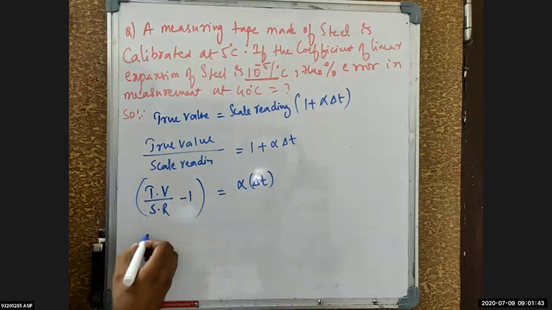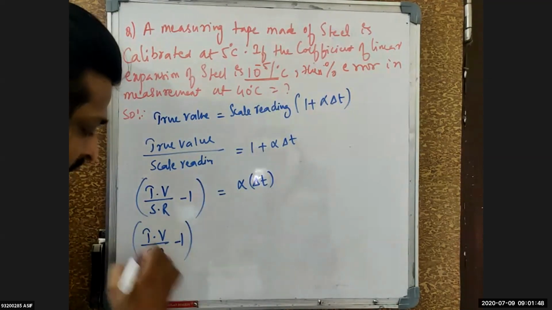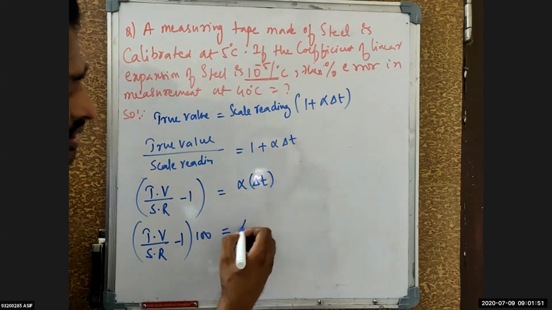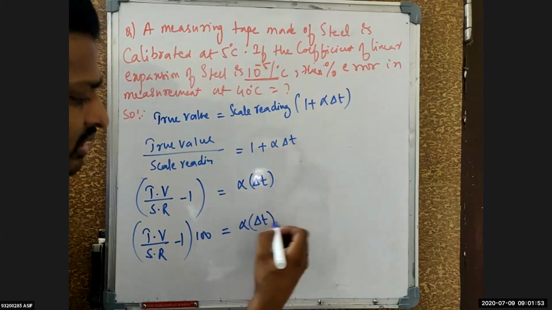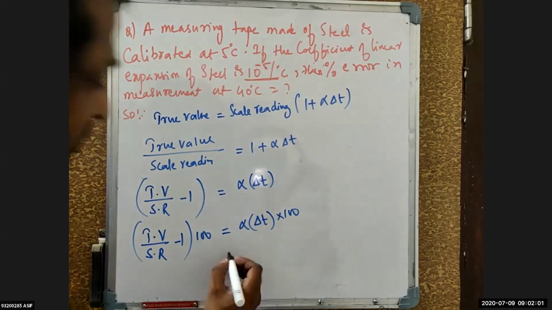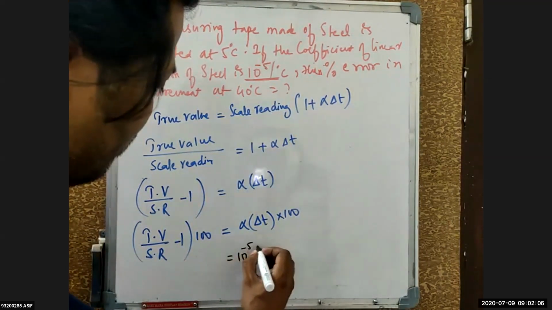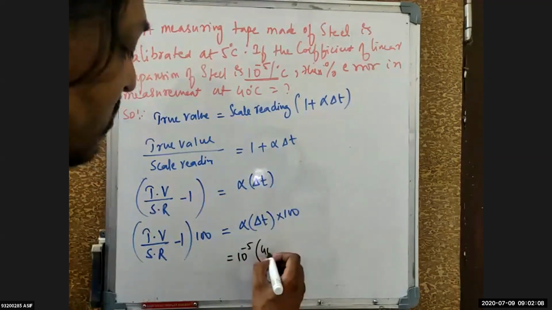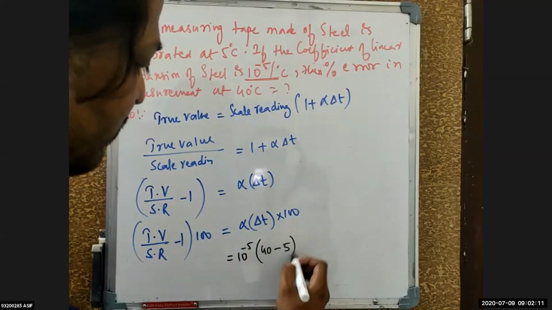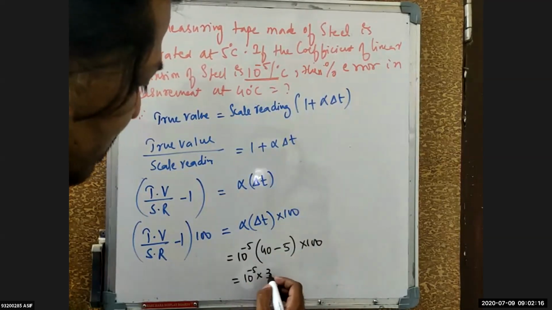In terms of percentage error, true value by scale reading minus 1 into 100 is equal to alpha into delta t into 100. Alpha is 10 to the power of minus 5, delta t is t2 minus t1, that is 40 minus 5, into 100. That is 10 to the power of minus 5 into 35 into 100.